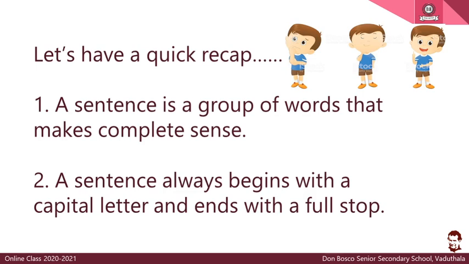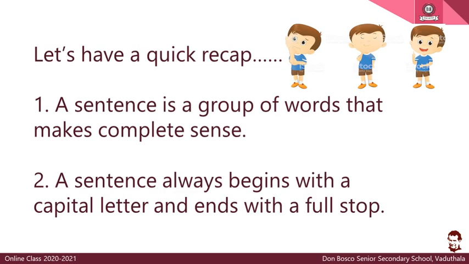And let's check out the second point. A sentence always begins with a capital letter and ends with a full stop.